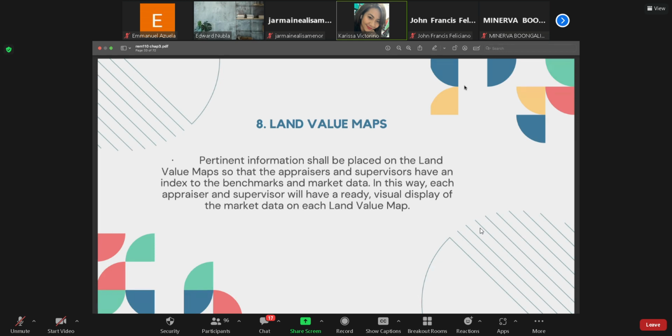These are the benchmarks, all sales, recent asking prices, offers, zoning, road information, statistical building class, depreciation, and other appraisal data deemed necessary. These data help establish equity and uniformity. They also serve as an effective review tool. So next slide po.